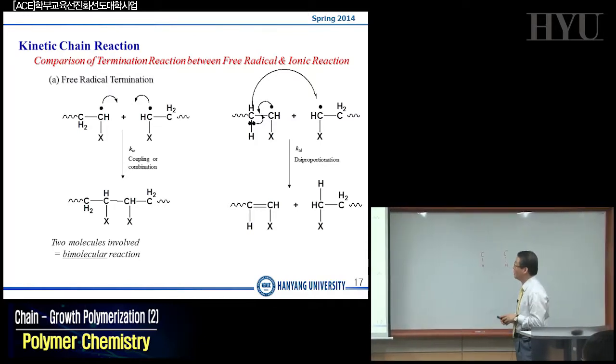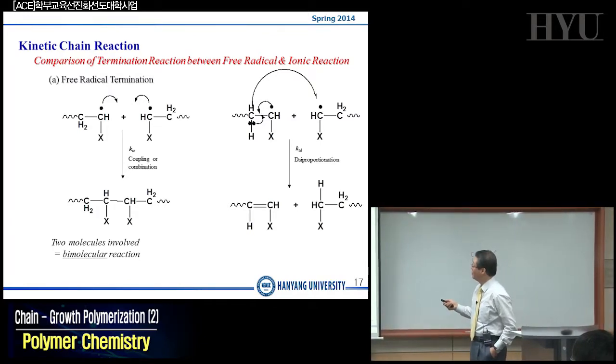But anyway, regard this as a C and H with two electrons, one from carbon and one from hydrogen, and one of these hydrogen radicals is removed, so that the other radical combines with the radical from the carbon to become a double bond.